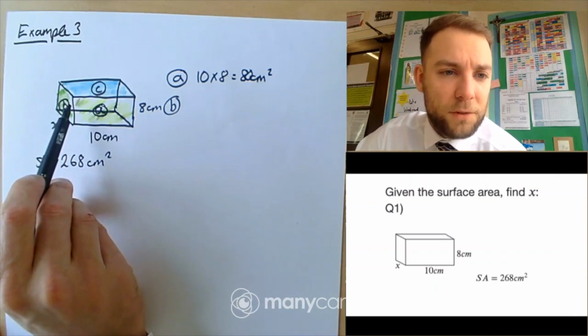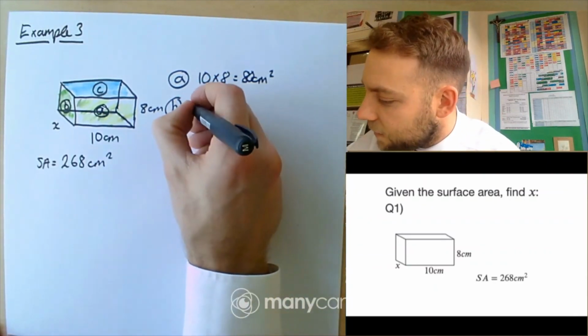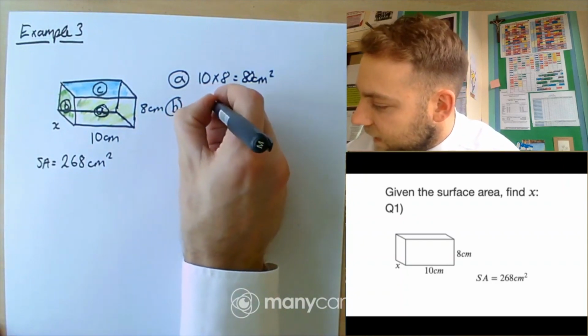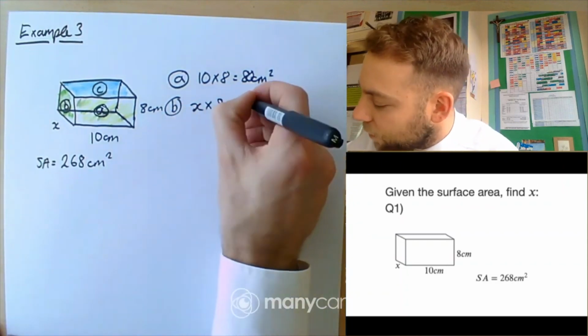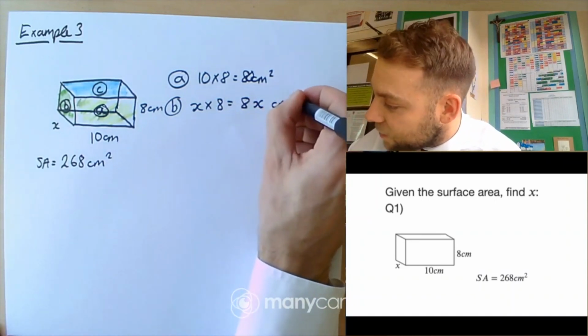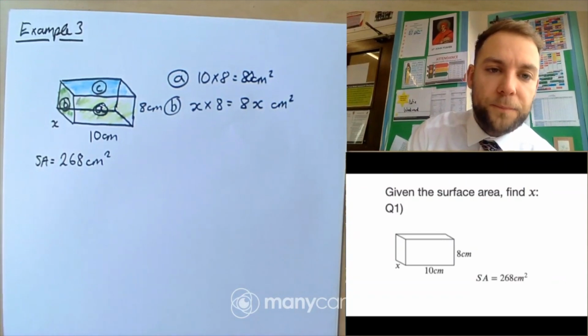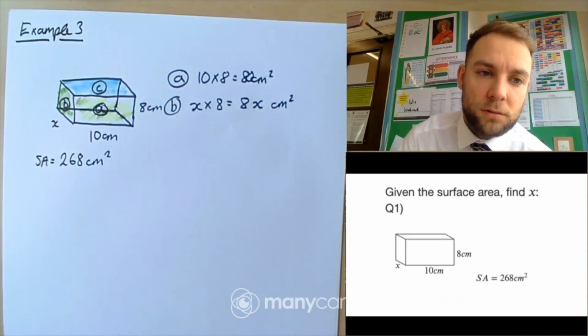We do know the height, which is 8, and the depth, which is x. So it's going to be x times by the height, which is 8, which is going to be equal to 8x. Again, this is area, so it's centimetres squared. Just because it's 8x, it does not mean that it's not an area anymore.